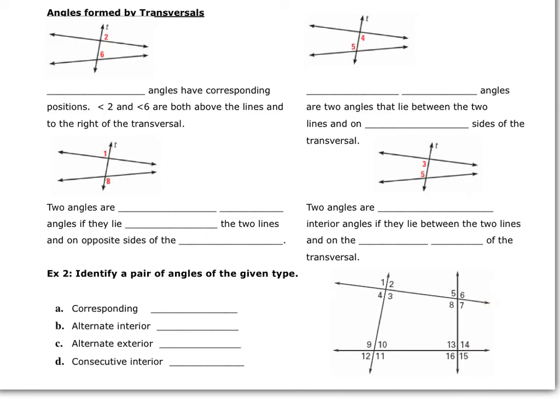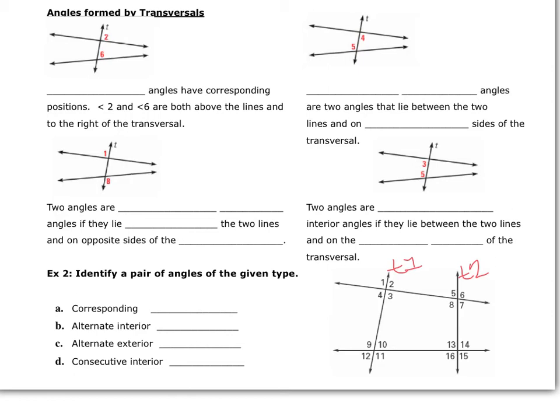Those are the two lines being cut by this transversal. We'll say that's transversal number 1. Then here are two lines, and here's another line cutting through both of them. So this can be transversal number 2. You can have more than one transversal cutting through the same two lines.